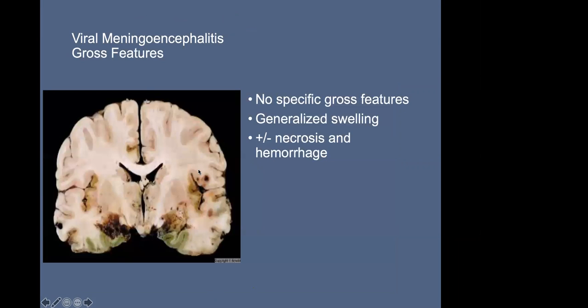Encephalitis, no matter what virus causes it, looks similar grossly and mostly microscopically also. Grossly, the brain is usually swollen. It's a diffuse inflammation. There can be petechial hemorrhages here and there. Here, just looking at this gross, we can think of herpes virus because it is involving bilateral temporal lobes.